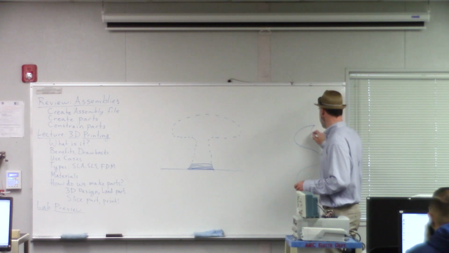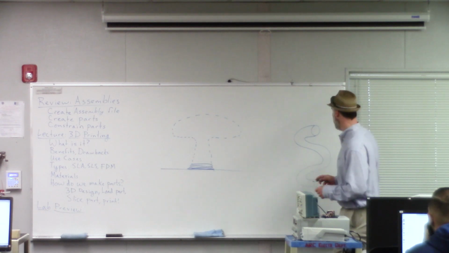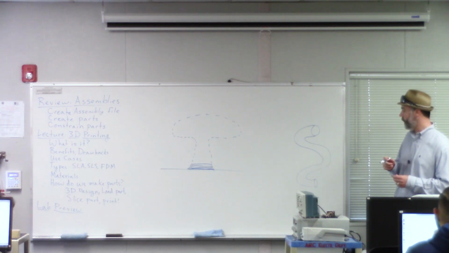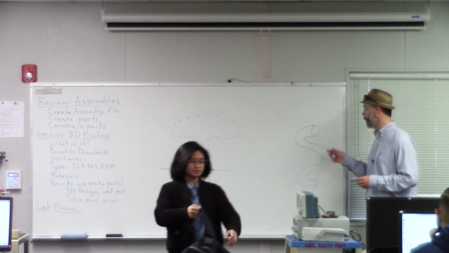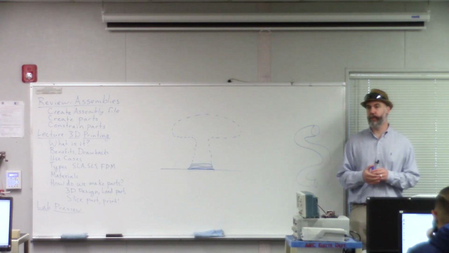You know, it's a circle at the top, and it's kind of a spiral shape, goes around and around. You could make that sort of shape on a 3D printer without too much trouble.